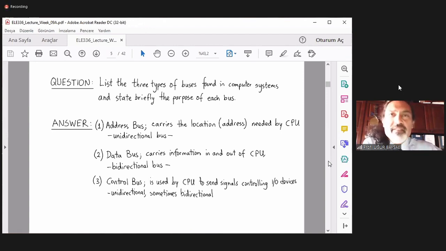How are these implemented? Of course, they are implemented electrically through special bundles of wires called buses. There are three types of buses in the main computer, which you had already learned or observed in the Computers and Programming 1 course, okay?